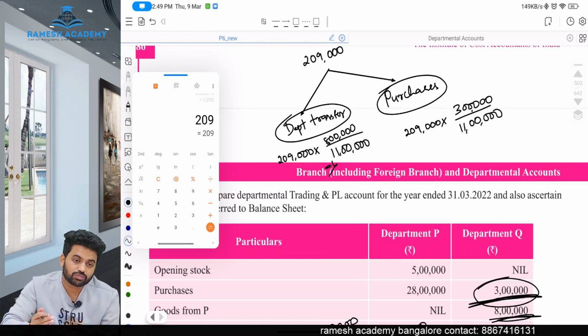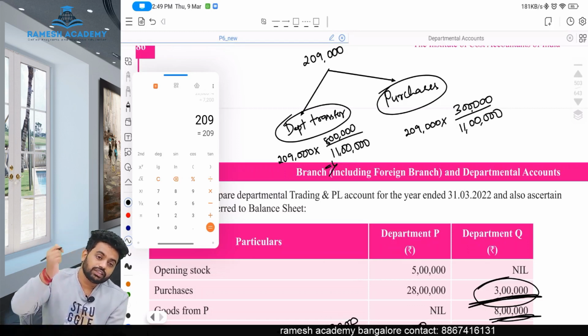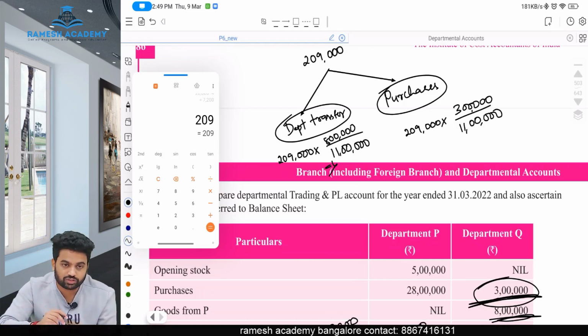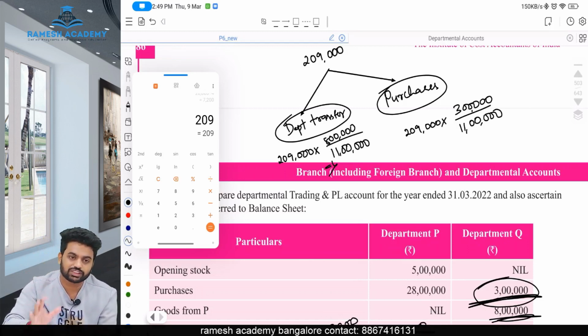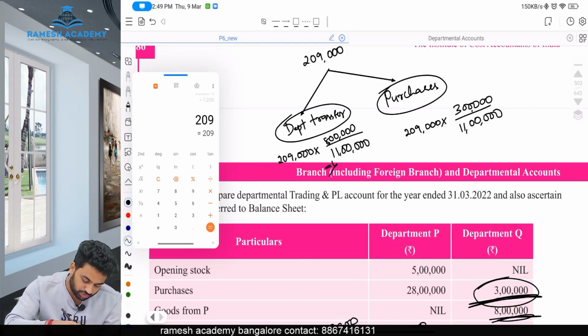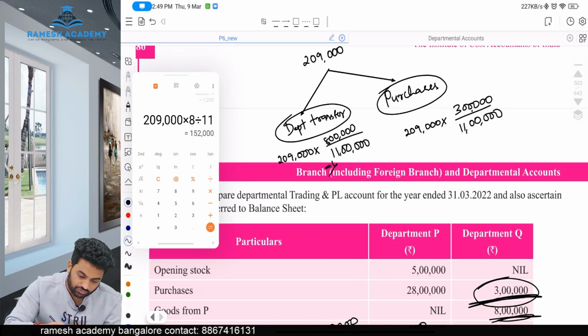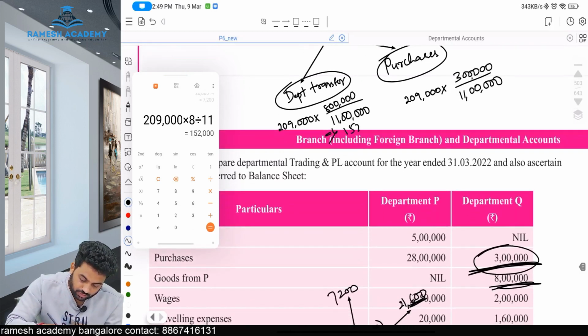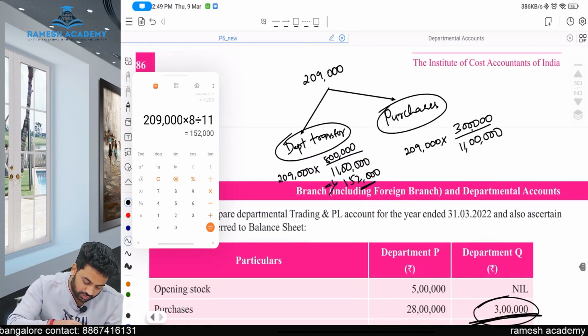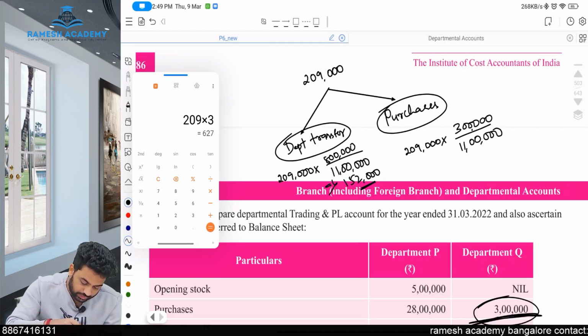Only the purchase which you are making from the other department includes the other department's profit portion, which is not yet realized because it is not yet sold. So basically 209,000 into 8 divided by 11 is 152,000. 152,000 out of 209 is departmental transfer, and 209,000 into 300 divided by 1100.